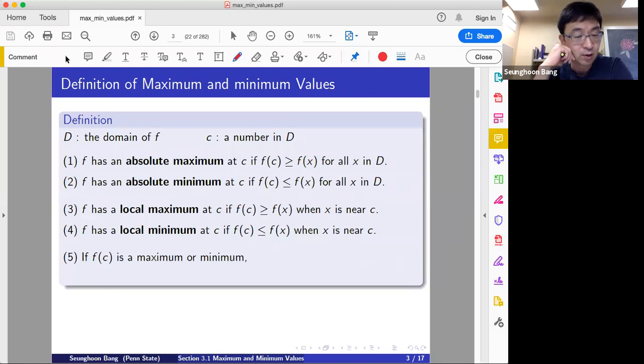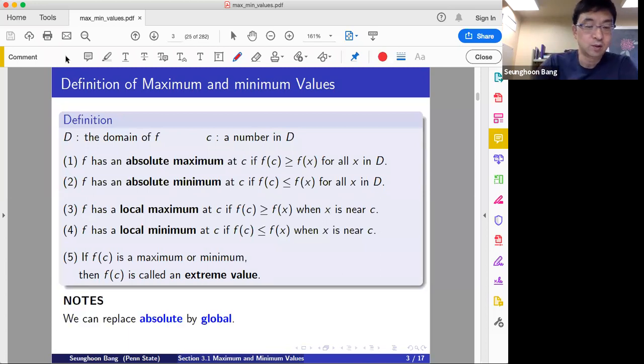Fifth, if f of c is a maximum or minimum, then f of c is called an extreme value. One note: we can replace absolute by global, like global maximum and global minimum. You can replace local by relative, like relative maximum and relative minimum.